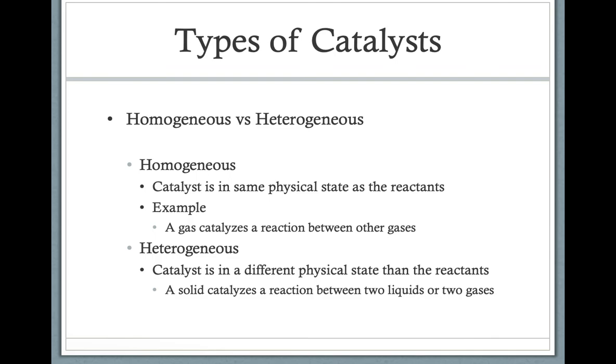And it turns out heterogeneous catalysts are much, much more preferred from an industrial standpoint. The reason for that is if you're trying to make large amounts of a product for an industrial process, let's say your reaction is between two liquids, you can set up these reactions where you flow these liquids through tubes that have your catalyst on the wall of the tubes.